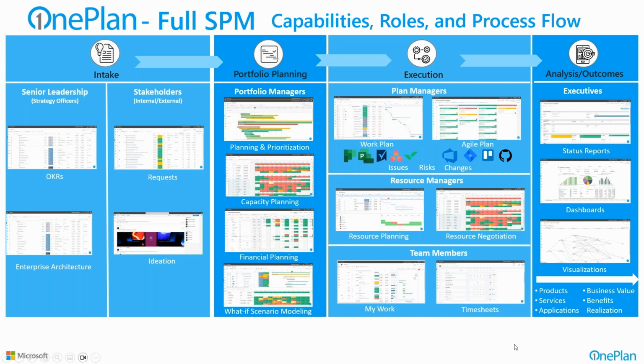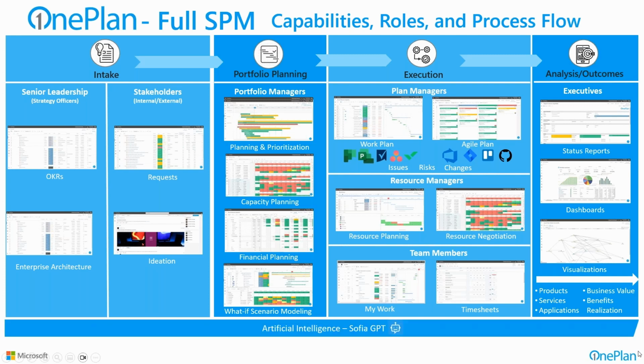Ultimately, we're driving outcomes, whether that outcome is a product, a service, an application, or just anything that derives business value and or benefits realization for our organization is something that OnePlan can help us manage. We've recently added artificial intelligence.